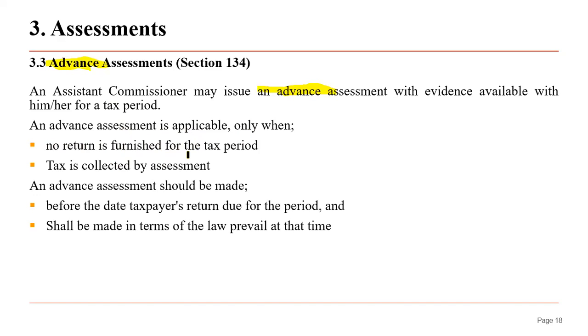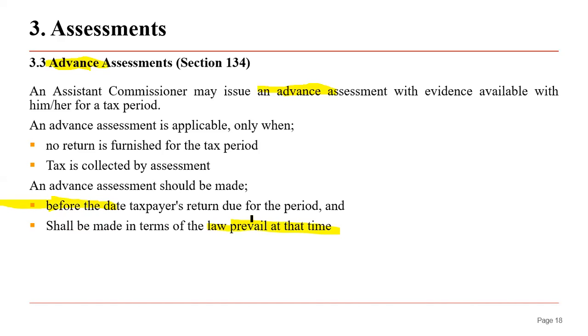This applies only when the tax is collected through the assessment, because that person is migrating from Sri Lanka, so we need to collect through the assessment. The advance assessment should be made before the taxpayer's return is due for the period, exactly before November 30th. It shall be made in terms of the laws prevailing at that time, according to the sections as amended.